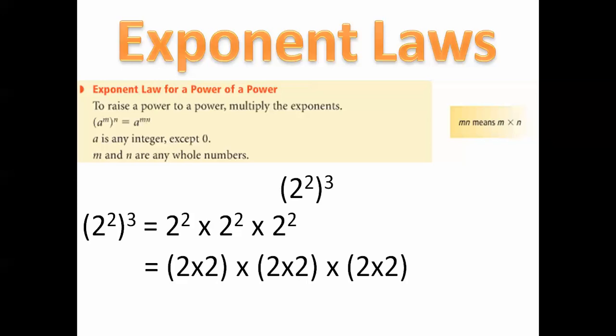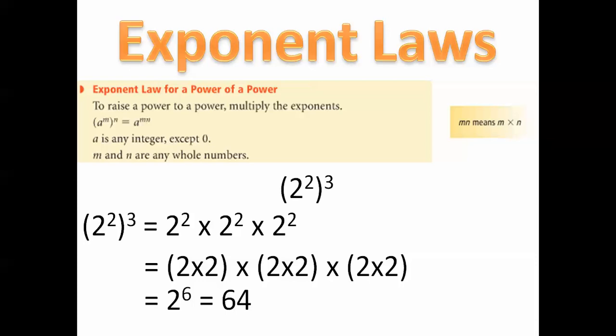This gives us 2 times 2, multiplied by 2 times 2, multiplied by 2 times 2. This gives us 2 to the power of 6, or 64. Now, as you can see, 2 to the power of 6 can also be written as 2 to the power of 2 times 3, because 2 times 3 equals 6.